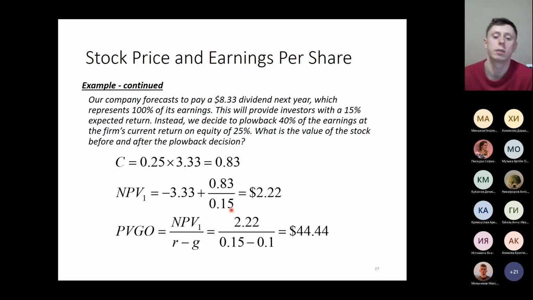Then we can estimate the present value of growth opportunity using the growing perpetuity formula here. This is the same NPV divided by the difference between the discount rate and the growth rate that we just received.